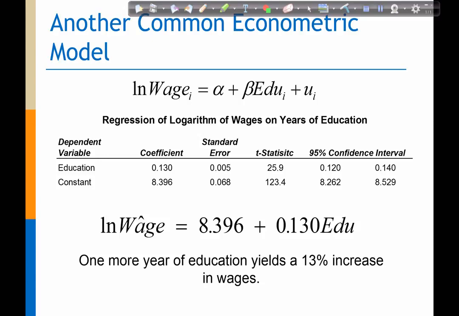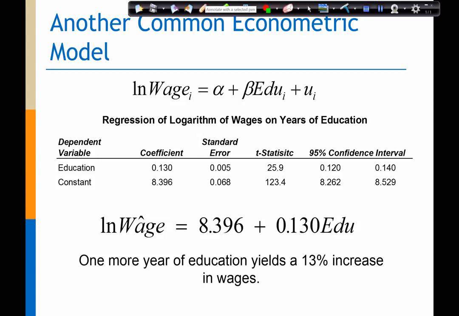I have my coefficients, and I've written out my results, where the predicted log wage is 8.4 plus 0.13 times years of education. When you have a log on the left-hand side, the way to interpret the results is to say that when education increases by 1 year, then wages will increase by 13%.